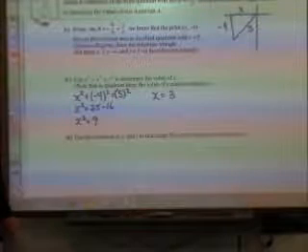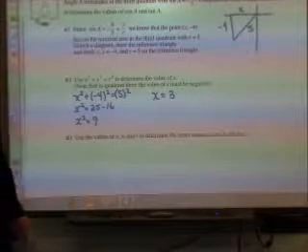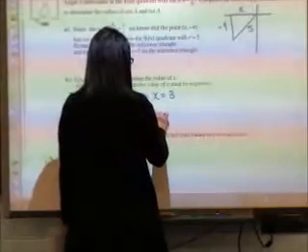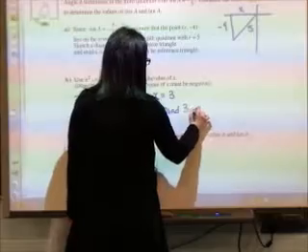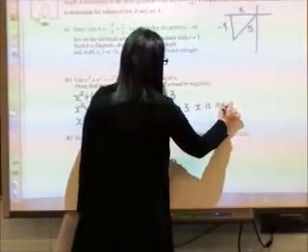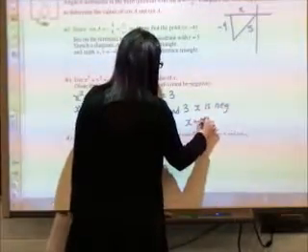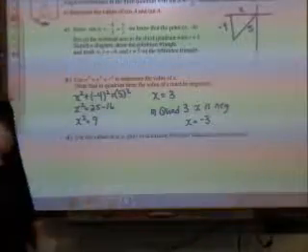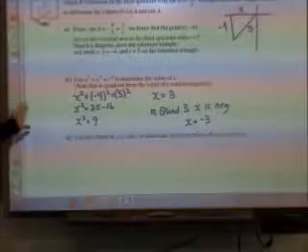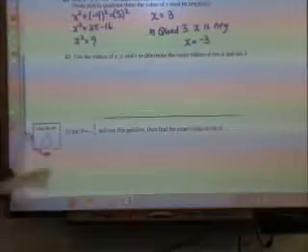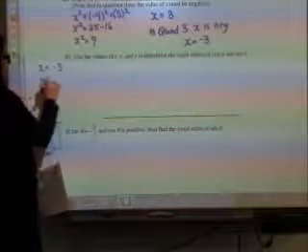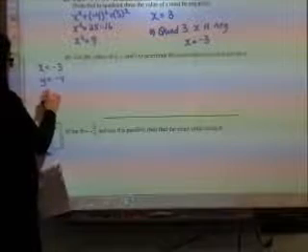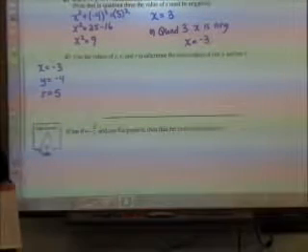I'm in the third quadrant, so what, Rachel? Right. So in quadrant 3, x is negative, so x would equal negative 3. So now I have that x is negative 3, y is negative 4, and r is equal to 5.